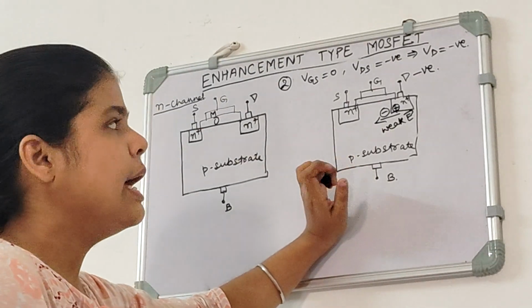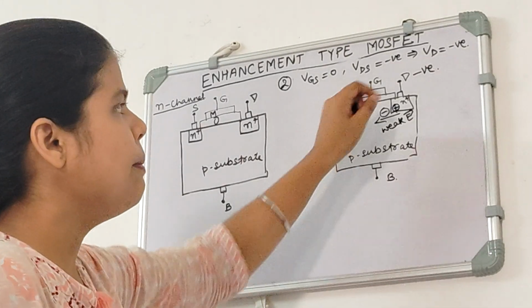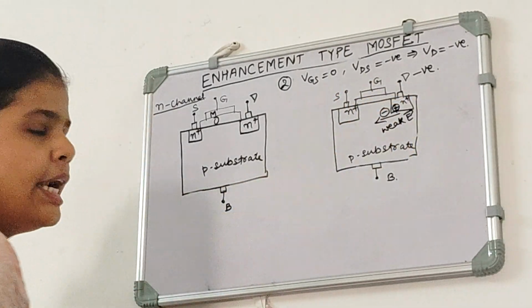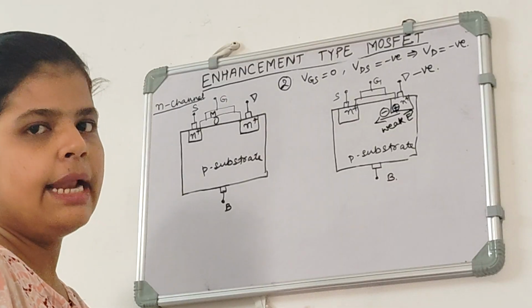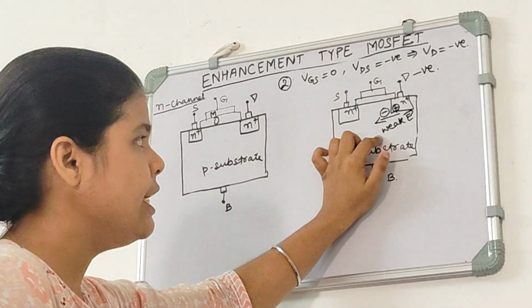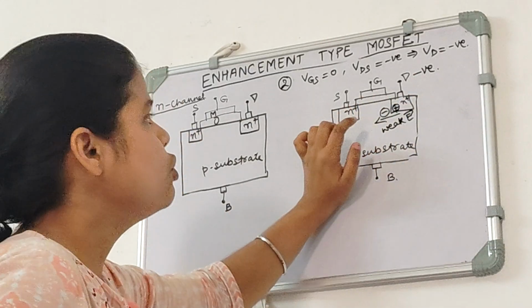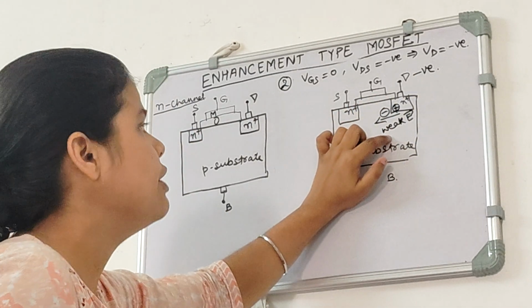So when we need N plus type material to create a strong electric field, we need to apply positive voltage. So that reverse bias is created, and then depletion region gets increased, and we can get a stronger electric field. But here, since we are applying negative voltage, so our electric field will be very weak.